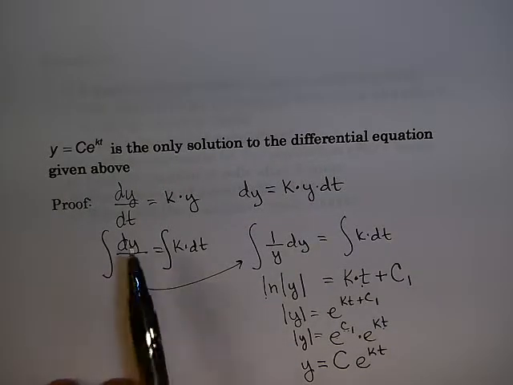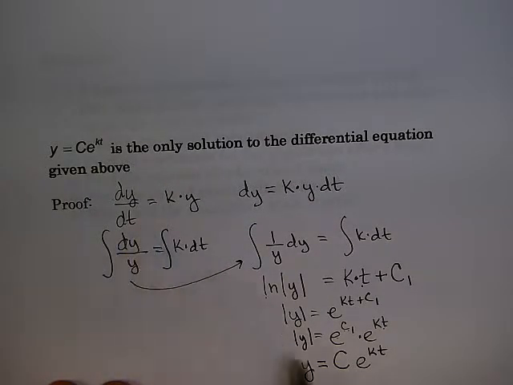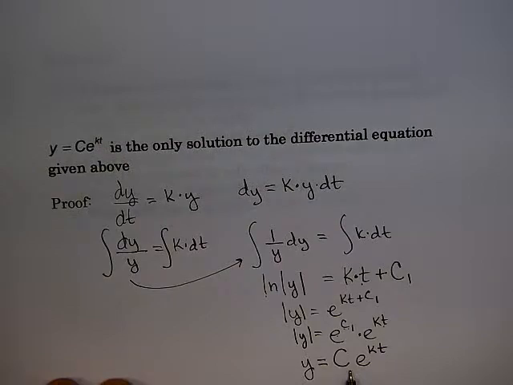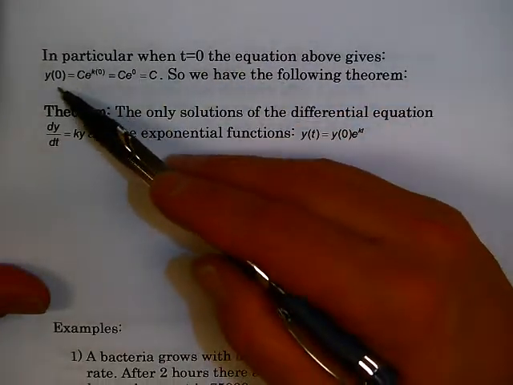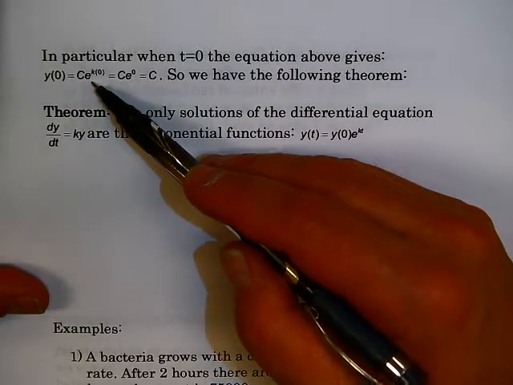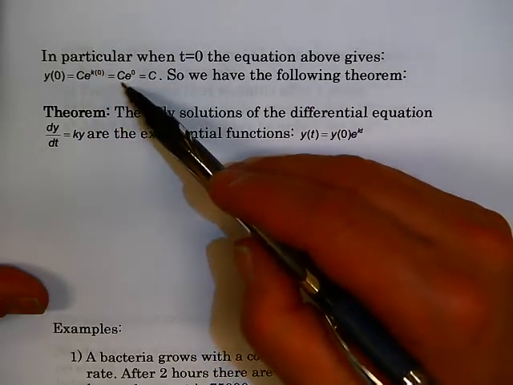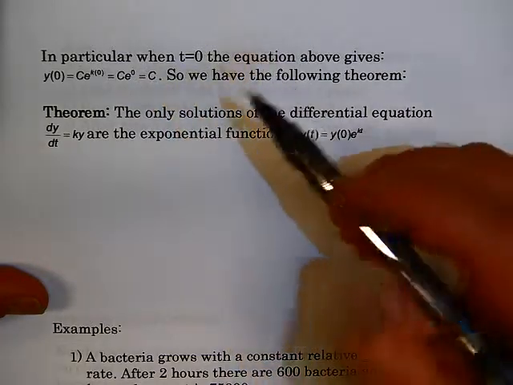So if I can set up a problem using this differential equation, this is my solution. That's the whole point of this theorem. So in particular, if time is 0, then the equation says y of 0 equals c times e to the k times 0, or c times e to the 0, or c.